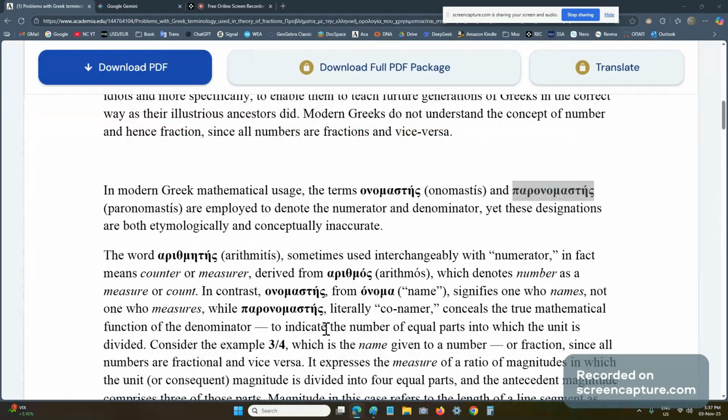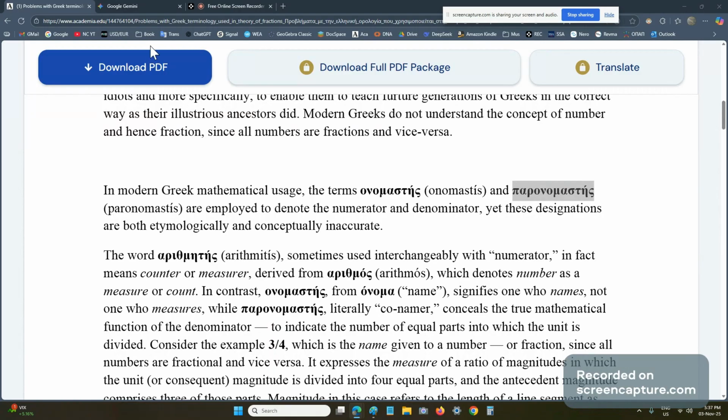And they're both etymologically, which is a Greek word as well, and conceptually inaccurate. Sometimes the word arithmetis is used interchangeably with onomastis, but that's not correct either. And so, why is this not correct?